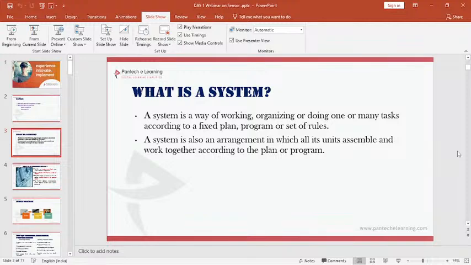For example, if it is a solar system, it will surround everything with the solar panel, then inside, sensors, hardware, all those things come under one system. The whole thing comes under one system, they will plan and they will do one thing. That is called a system.